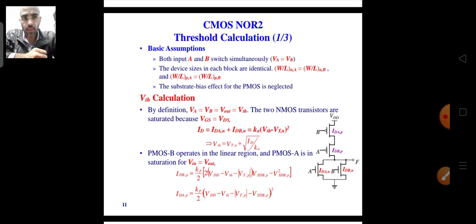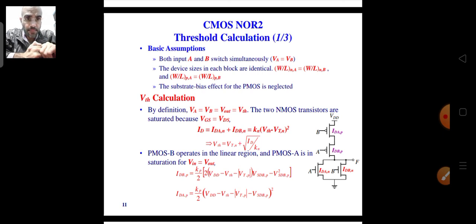So now once you understand that clearly, there is nothing new. The same thing which we have done earlier for the CMOS inverter, we have to do here as well.